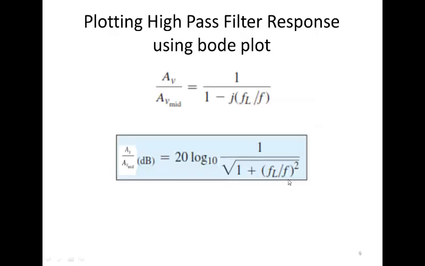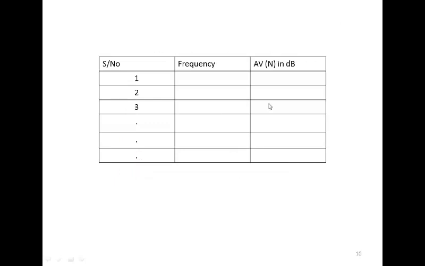But frequency is a variable that is changing from 0 Hz to infinity Hz, or in the gigahertz range. So for a wide range, this table would be very lengthy, and this task would be very difficult.